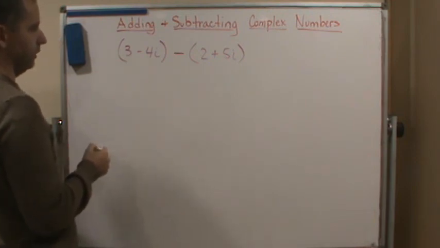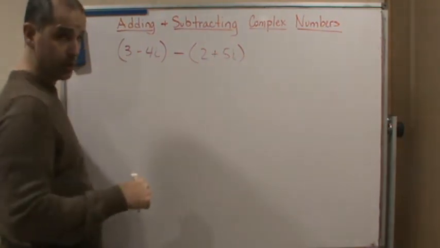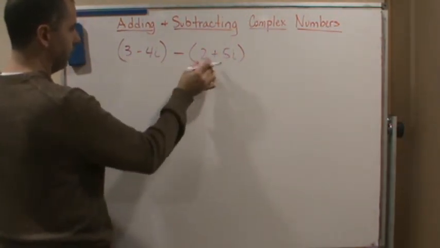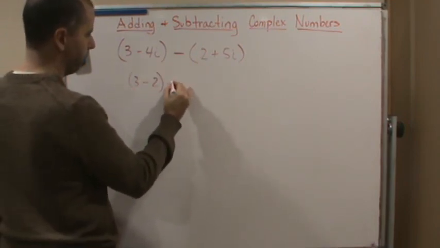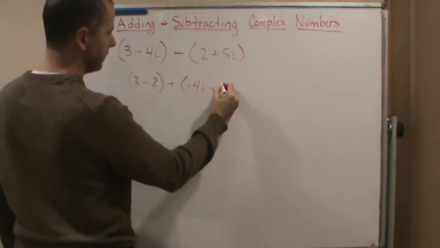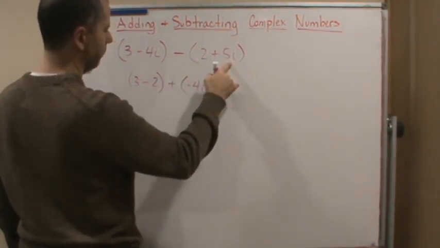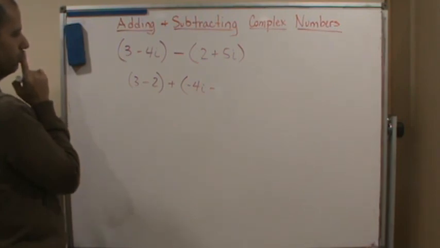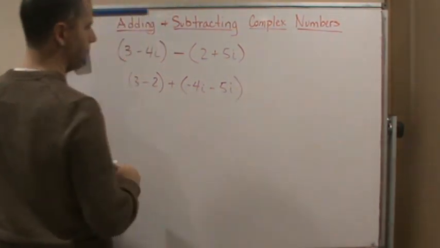Now just simplify this. I'm going to skip the distribution part just to show you that you get the same answer. So I'm going to subtract the real part. This is going to be 3 minus 2, plus negative 4i minus 5i.